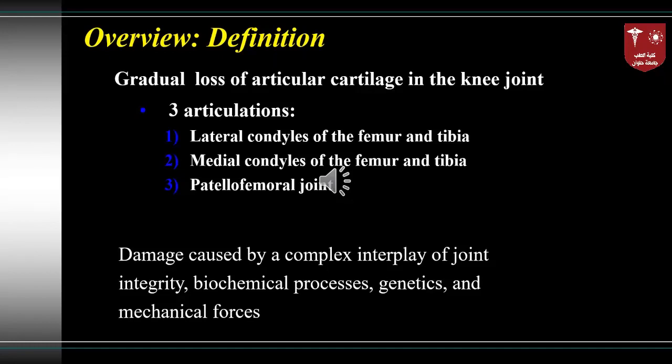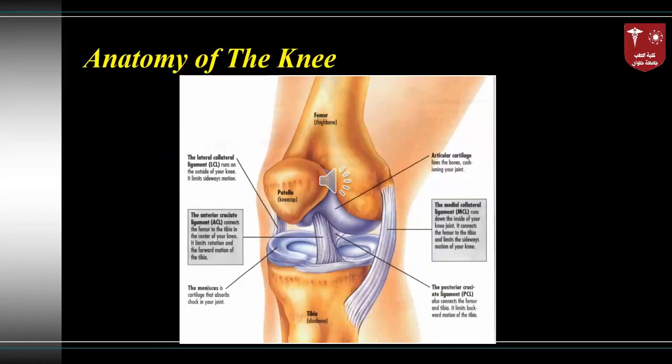The cause actually is the interaction between mechanical causes, genetic causes, and other factors affecting the integrity of the joint. This diagram shows the effect of osteoarthritis on the cartilage.